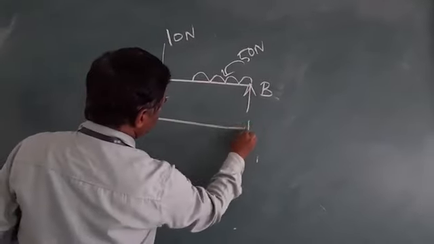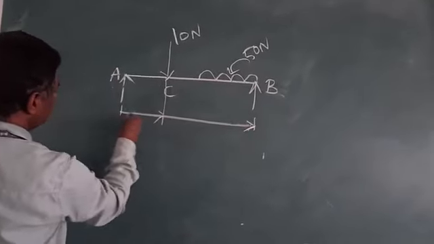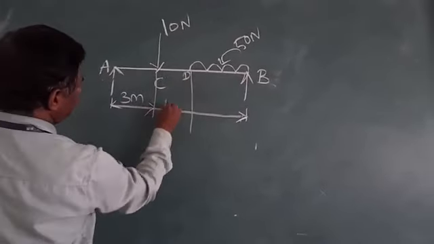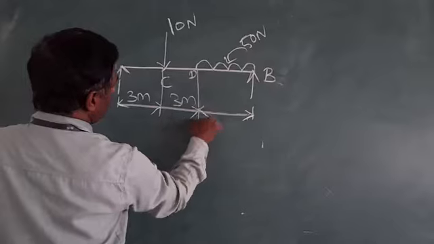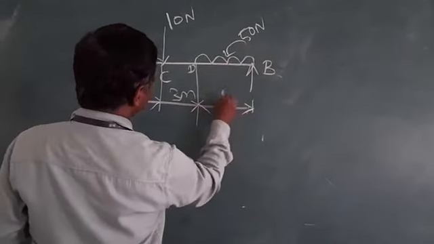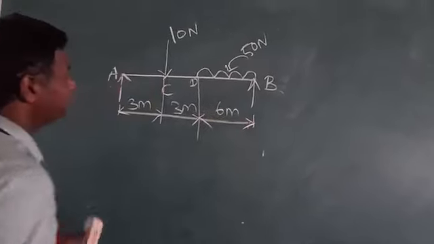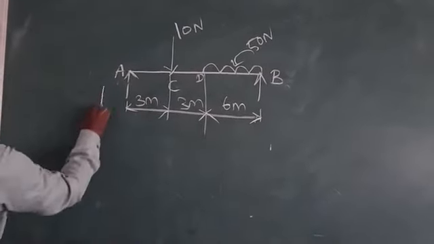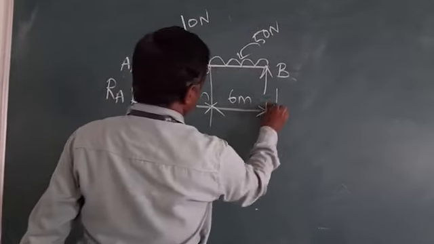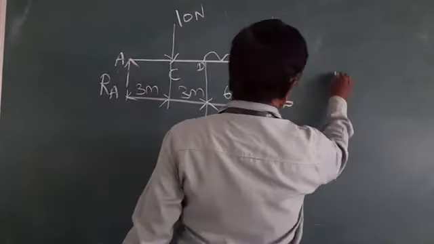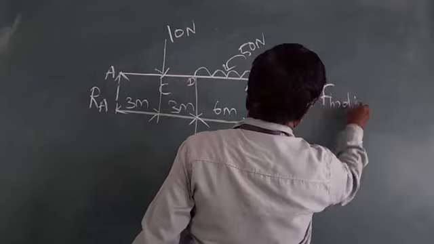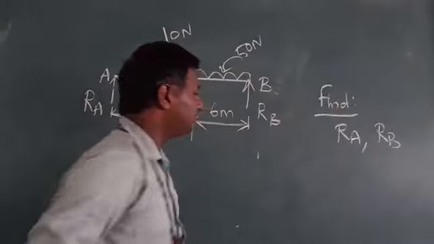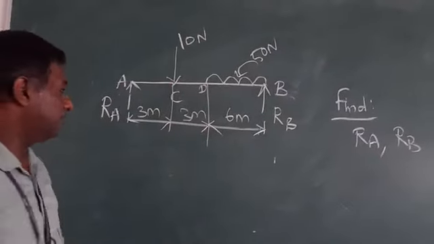The span from A to C is 3 meter, C to D is 3 meter, and D to B is 6 meter. Now we have support reactions at point A as well as at point B. Now the question is to find the support reactions RA and RB. This is the question we are going to do in this session.